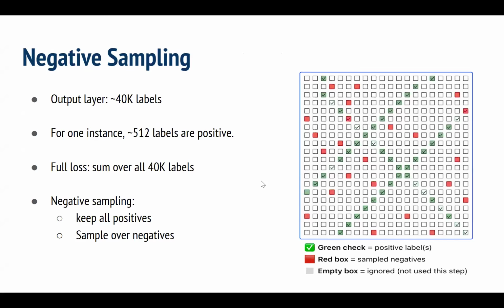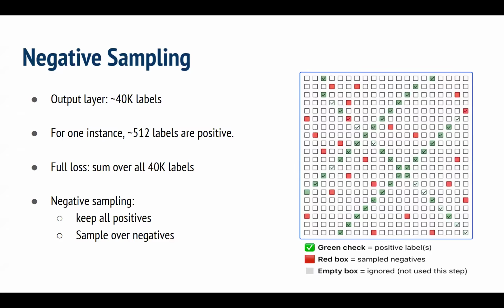Now, assume that we have so many labels. Assume we have 40,000 labels. Are you going to go and sum the errors of each of these labels? Does that sound economic? That's not really practical, and it also performs worse.